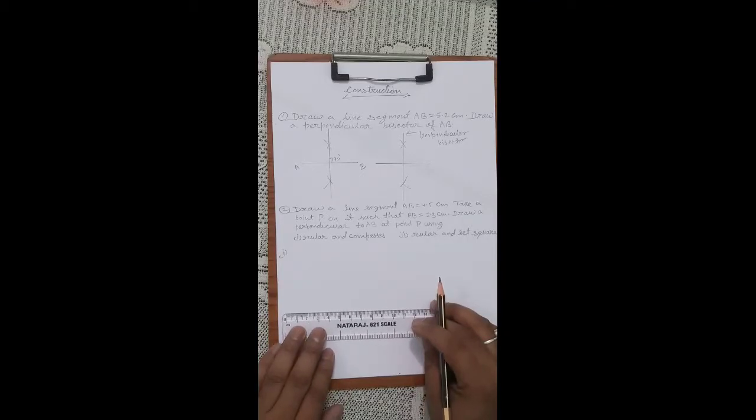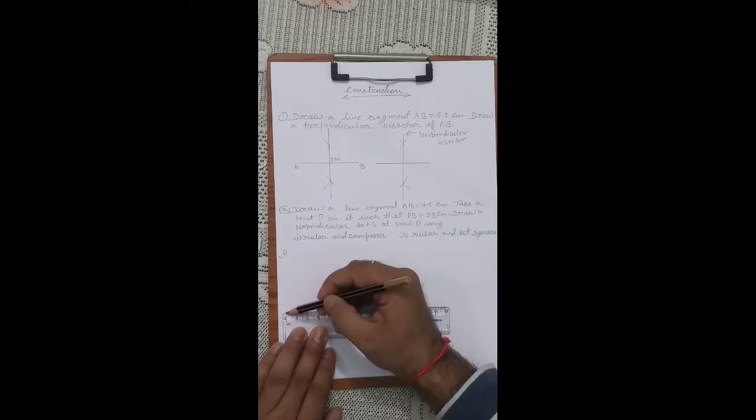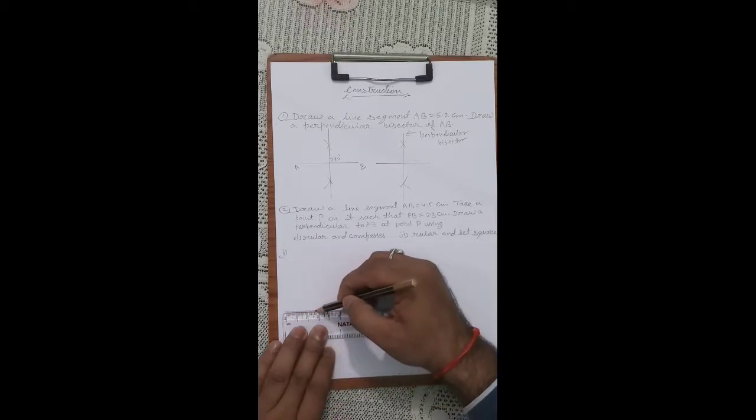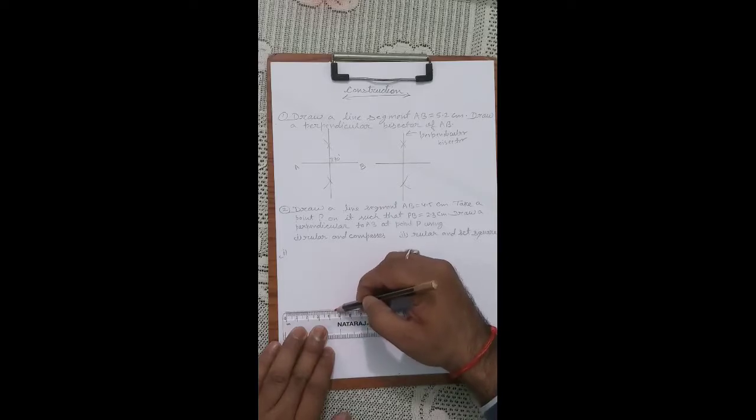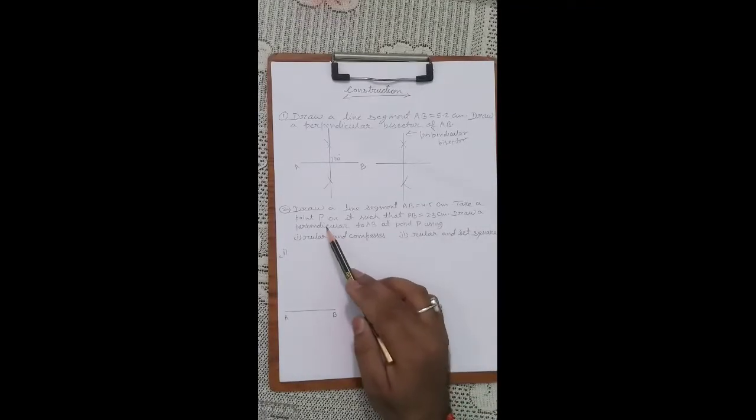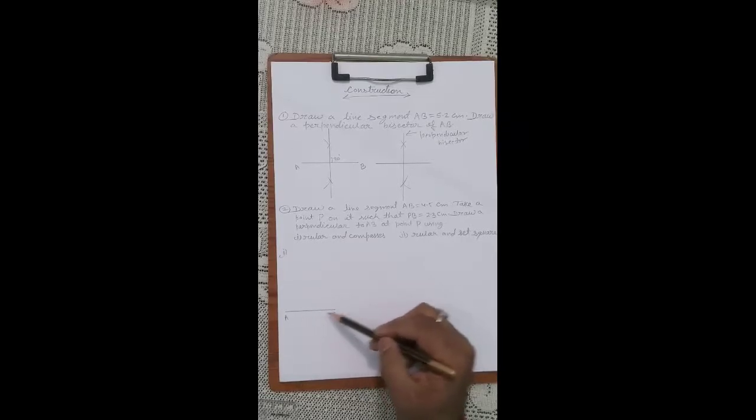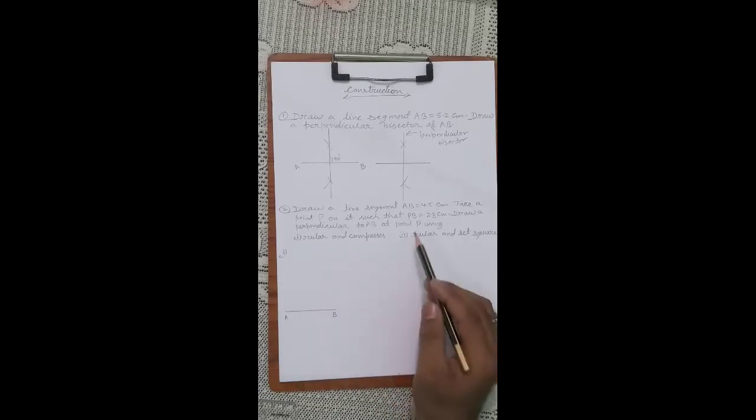So first we will draw the line segment AB of 4.5 centimeter. So we will measure from 0 to 4.5. See this one. This line segment we will name it A and B. Okay. Then we have to take a point P on this AB such that PB is 2.3.